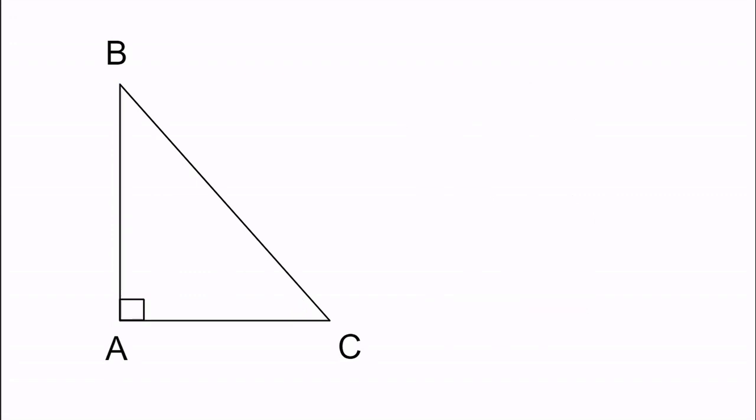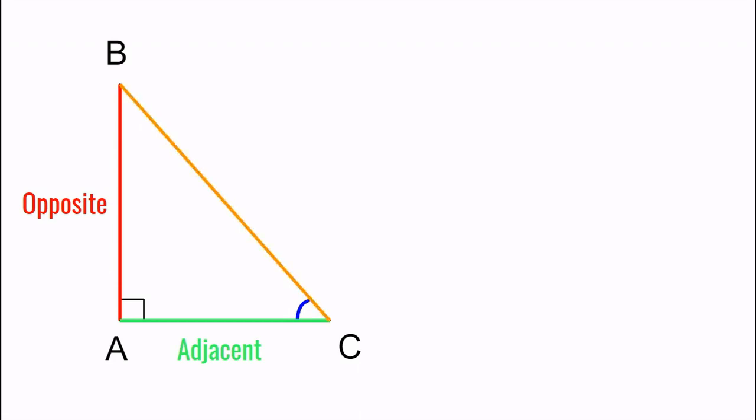Now, what if we have a triangle like this, and we had an angle right here? This side right here, side length AB, would be opposite to this angle, because it doesn't touch the angle, rather it's opposite to it. This side length right here, AC, is adjacent to the angle because it borders the angle.